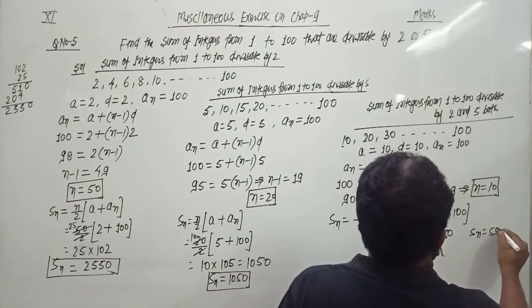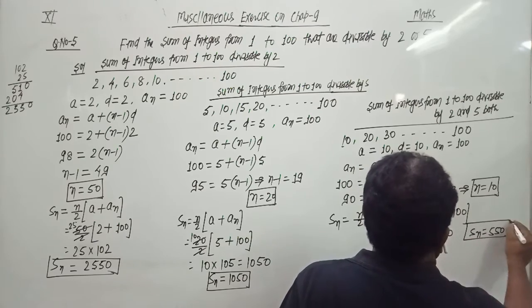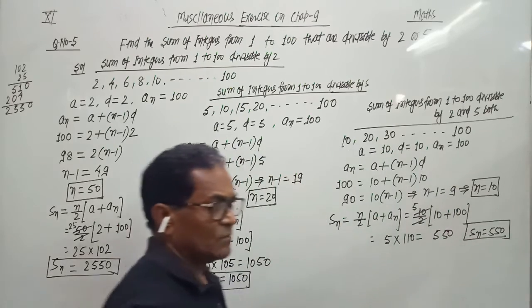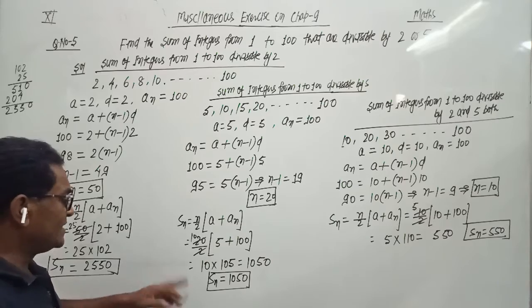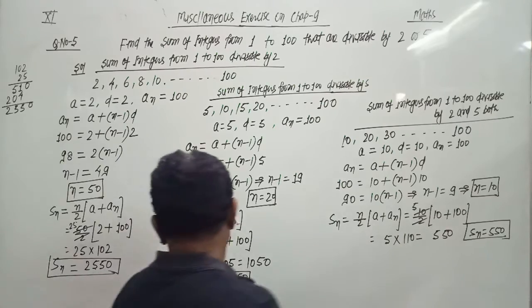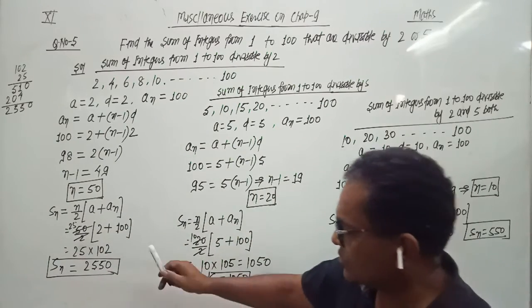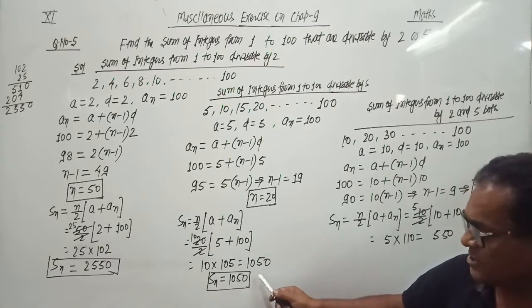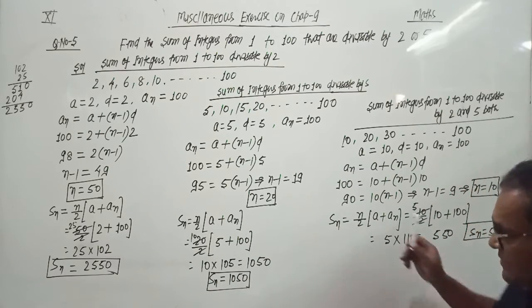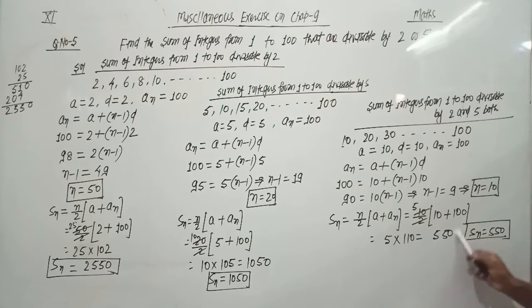Sn equals 550. So we add the sum of numbers divisible by 2 and the numbers divisible by 5, and then we subtract the sum of the numbers divisible by 2 and 5 both.